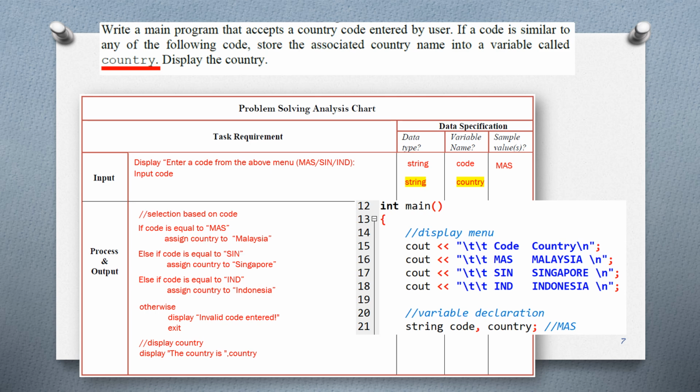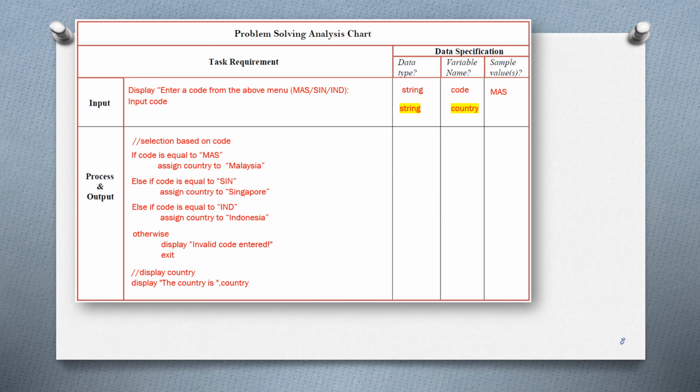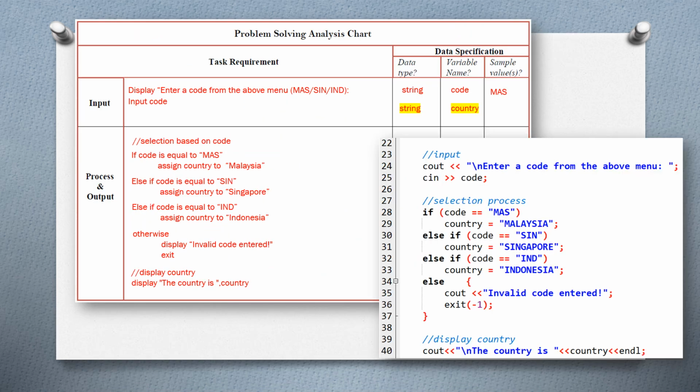So basically, when you code, this is what you will write. Display the menu first, then the variable declaration. This part is the variable declaration. Take a look at the strings. You have two strings. First one is code, and then the next one is country. Next is the input, according to the input statement in the pseudocode.